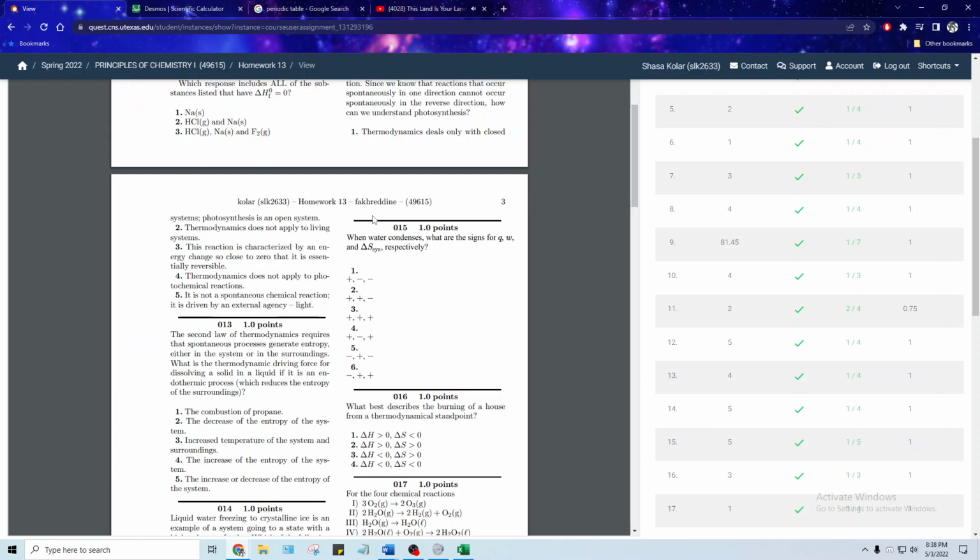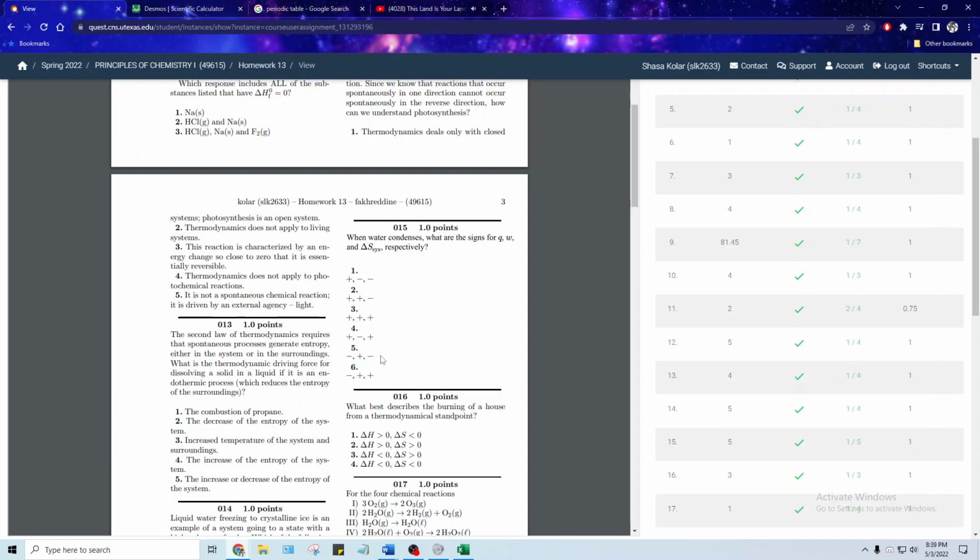No, wait. No, okay, I remember. So we're losing gas, and because the gas is decreasing in our system, it's getting work done on it by the surroundings. So work is positive, delta S is negative, and for Q, we add heat to turn into a gas, so we have to take away heat to turn into a liquid, so Q would be negative. So it'd be negative, positive, negative.